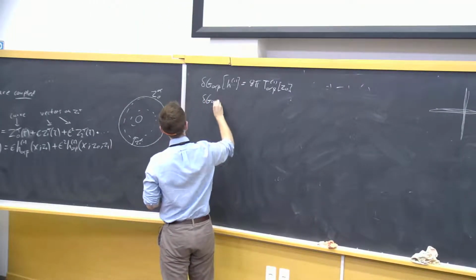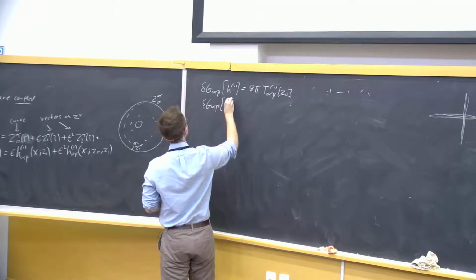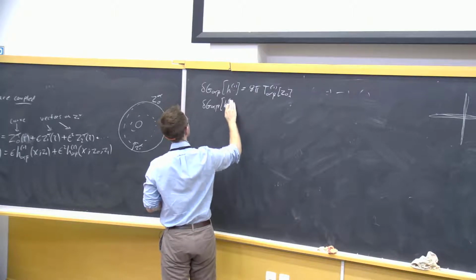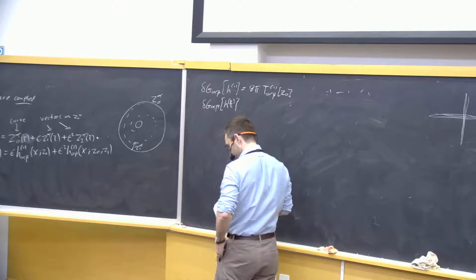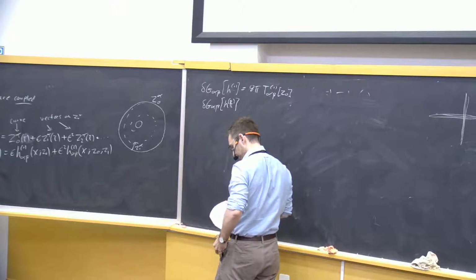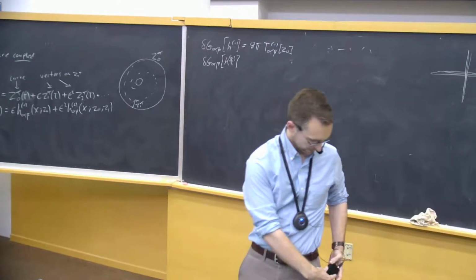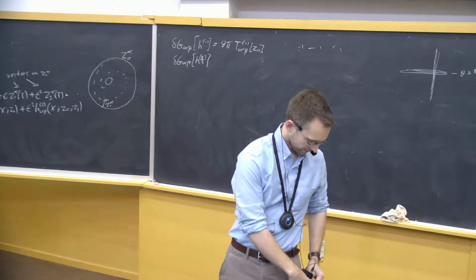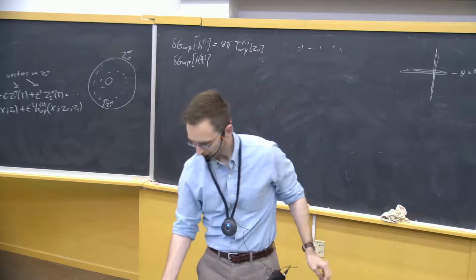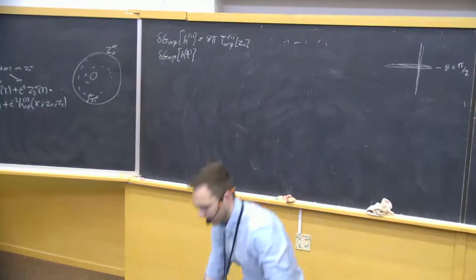Then you have the linearized Einstein tensor for h2.